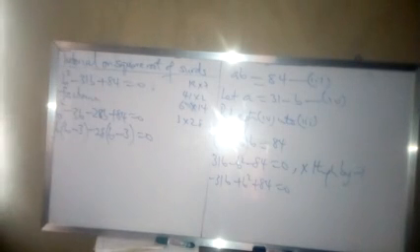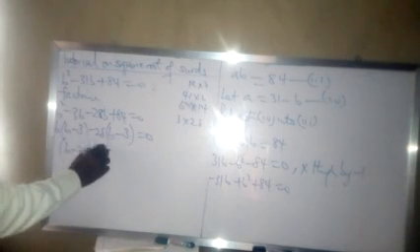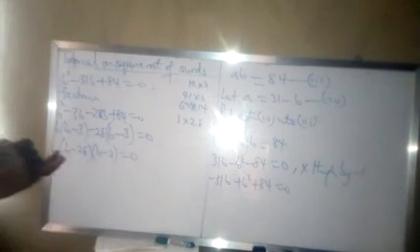I hope you are following. Now we pick the one outside: B minus 28 into B minus 3 equals 0. With this, we are coming to the end of the problem.